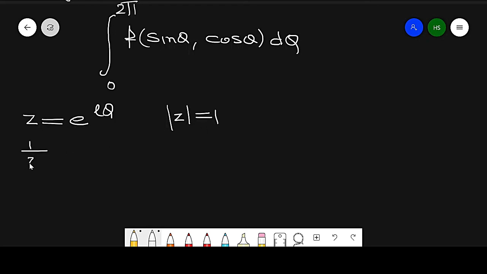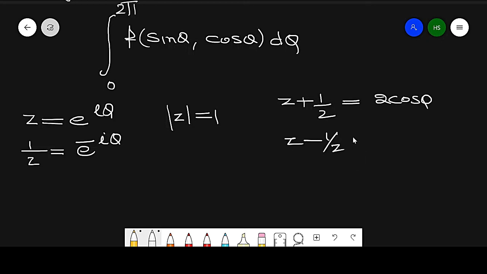Similarly, 1 by z is equal to e raised to power minus iota theta. From these two equations, we get the value of cos theta, and similarly the value of sine theta, and we get d theta equal to dz by iota z. Using the same method for all such questions, we find the integration around the unit circle.